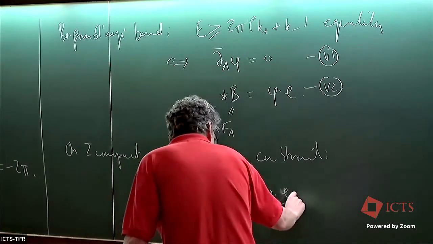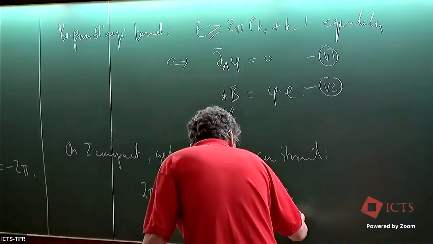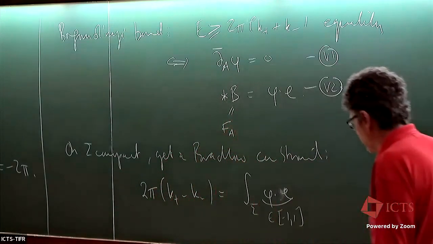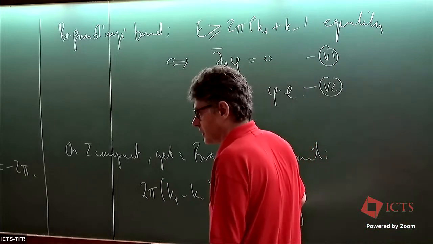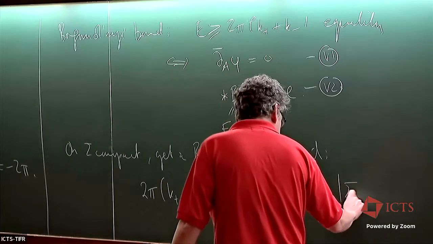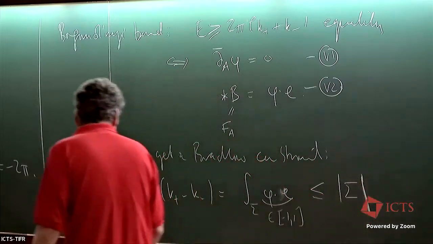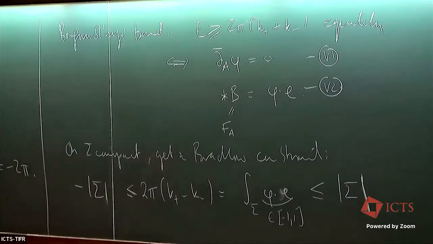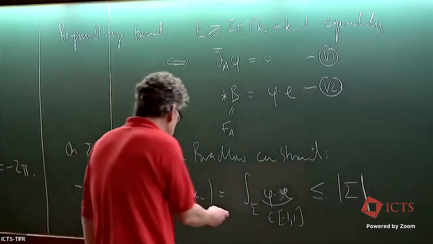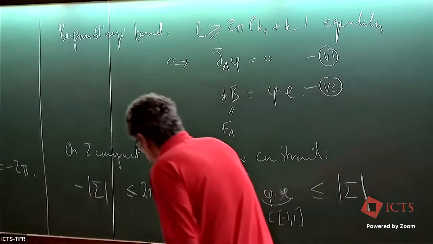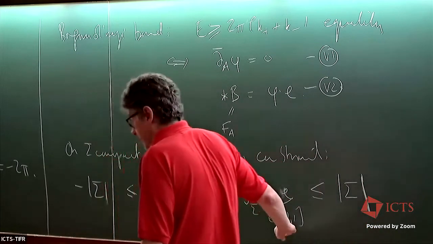Well, this quantity, whatever it is, obviously lies in the interval from -1 to 1. So the biggest it could possibly be is the integral of 1, which is just the area of the surface, and the smallest it could be is minus the area of the surface. Okay, so again, we get a Bradlow type inequality. If solutions to this pair of equations exist, then we must obey this pair of inequalities.